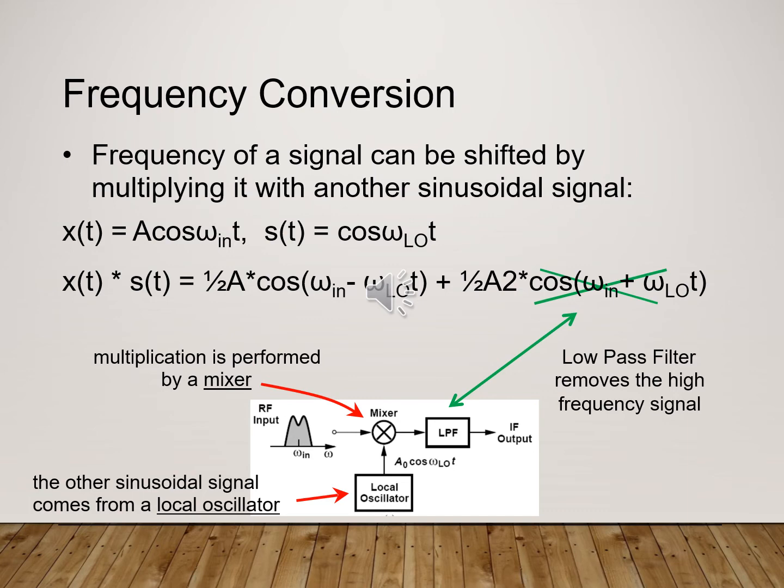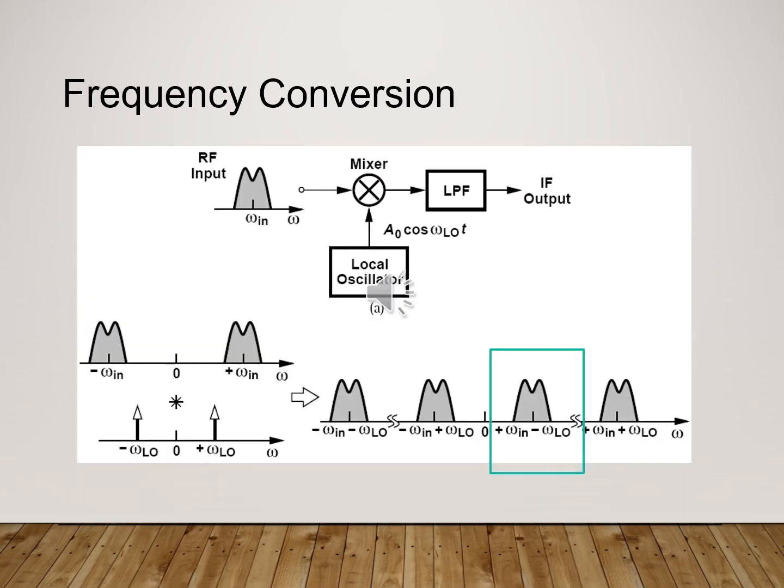The low pass filter here selects the up conversion or down conversion product, and takes what we call the intermediate frequency as an output. As you see here, we can shift the RF signals. Whatever RF signal is coming in, you can manipulate it and get the desired intermediate frequency by changing the local oscillator frequency.